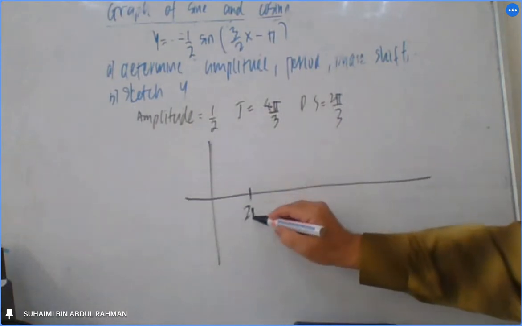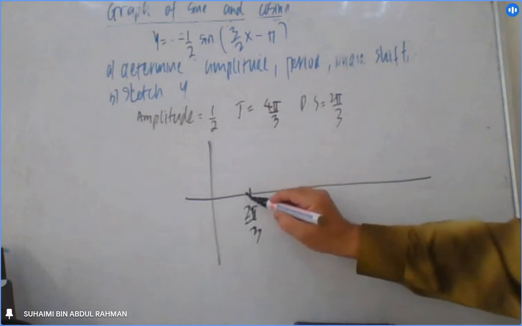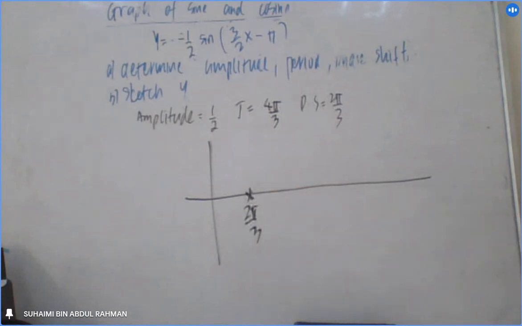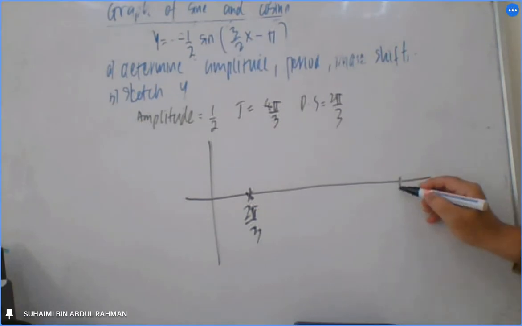Start at 2 pi over 3. Stop at where? 2 pi.